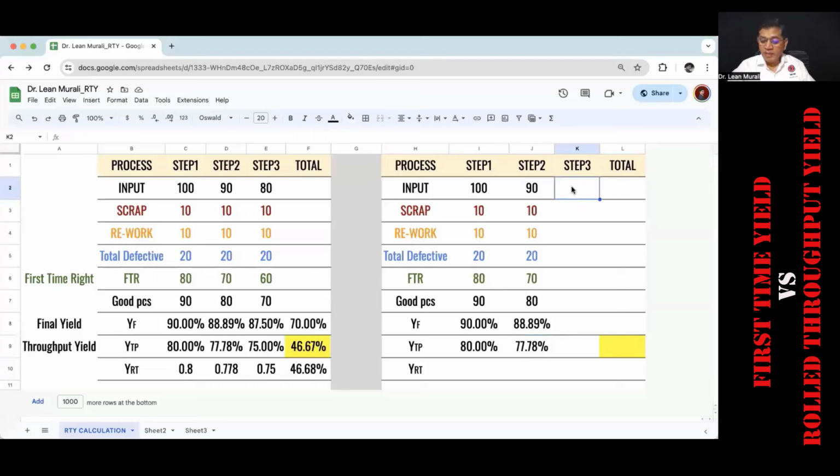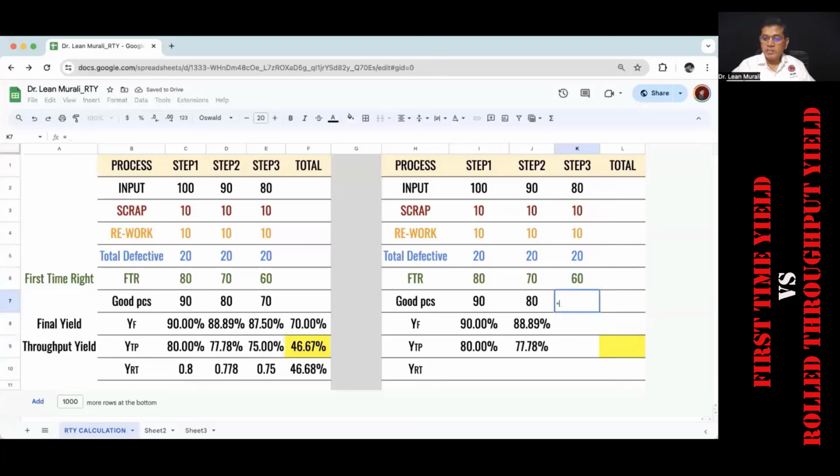Now, in step 3, whatever is good pieces comes into step 3. And again, here, 10 will be scrap and 10 will be reworked. So the total defective is 10 plus 10, which is 20. And the first time right is 80 minus 20, 60 is first time right.